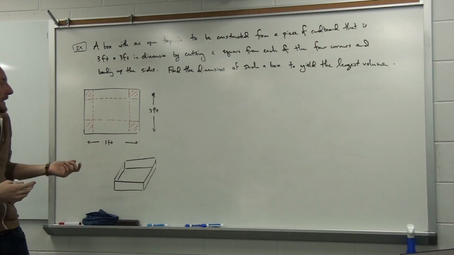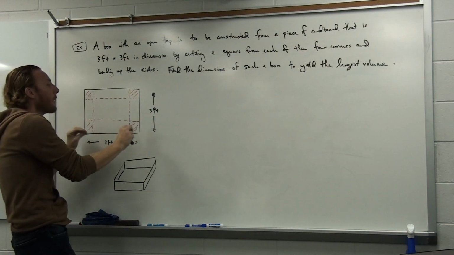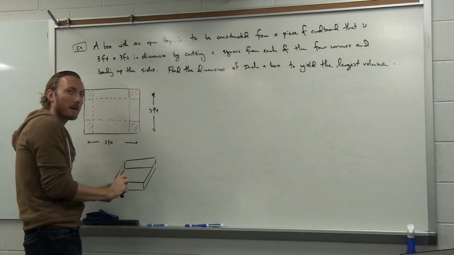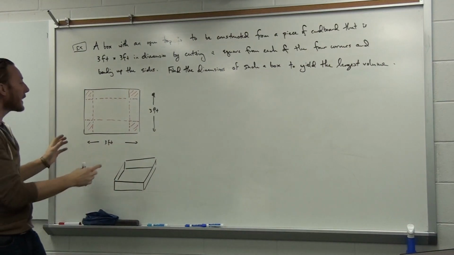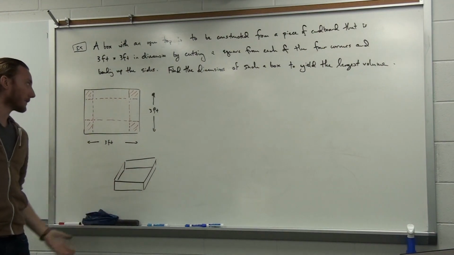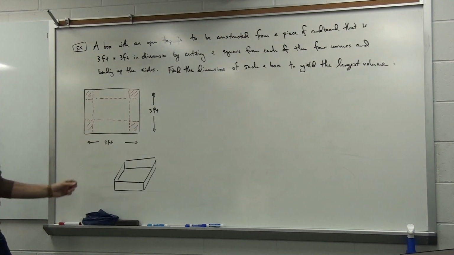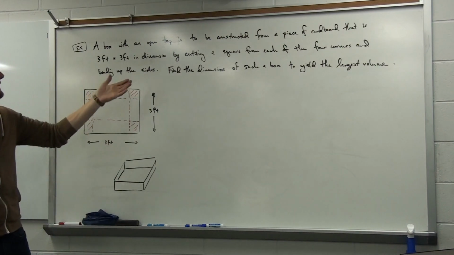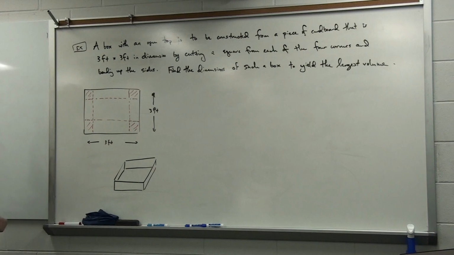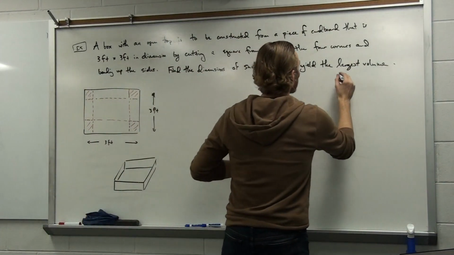So cut the squares in the corners too small, you don't have a lot of volume in your box. Cut your rectangles too big, you have no volume in your box. So maybe there's a sweet spot in between, and this is actually exactly what we're trying to do. So we want to find the dimensions of such a box to yield the largest volume.